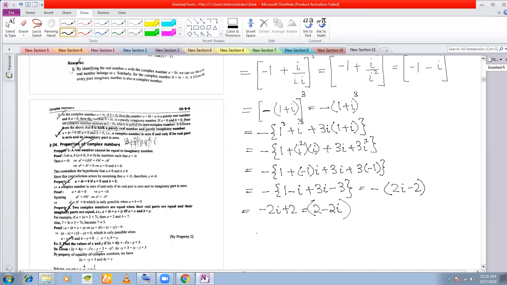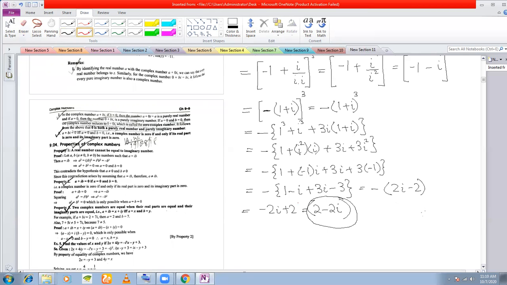Okay, so this is how you simplify. Now what you get here is an actual complex number. This is what an actual complex number looks like: a plus ib. I will come to this representation a little later. But remember that a complex number looks in this manner: 2 minus 2i.